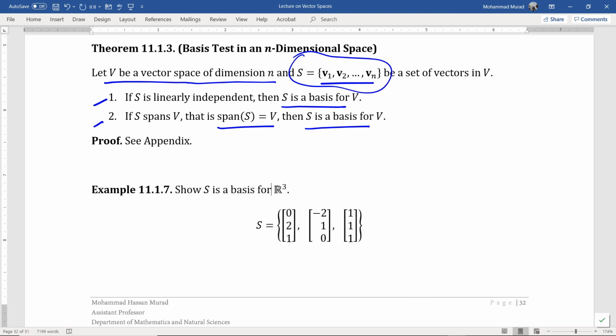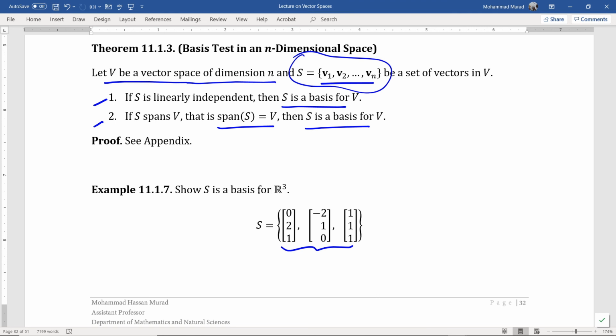Let's see an example. Show S is a basis for the vector space R3, where S contains these three vectors. In general, to show that a set S is a basis for a vector space, we need to check if S spans the vector space and S is linearly independent.